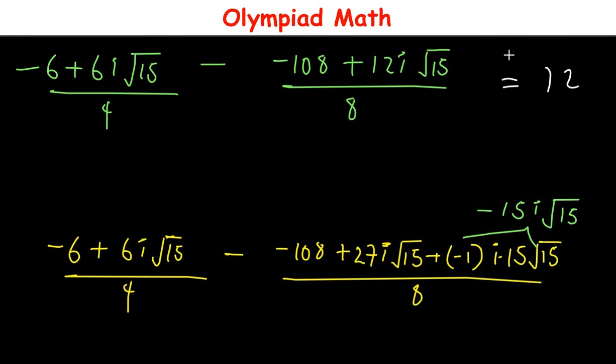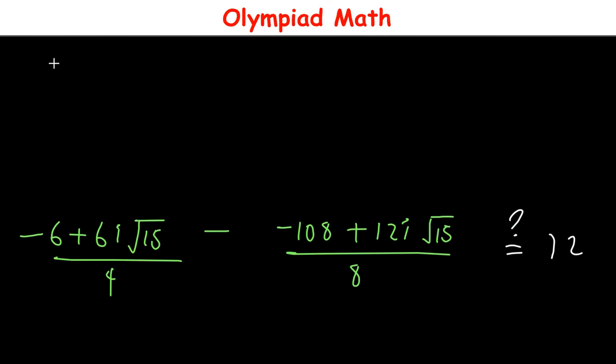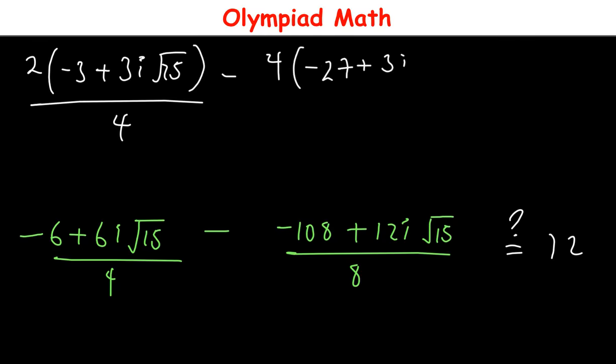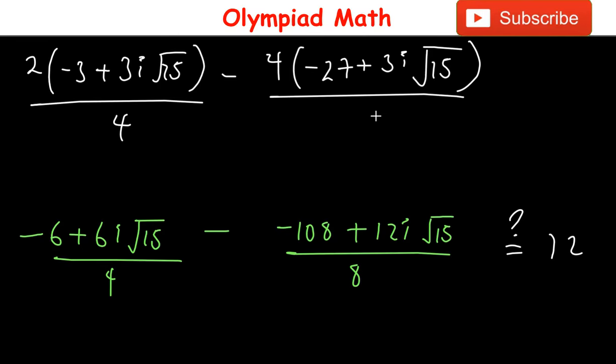So with this equal 12 question mark, we have 2 into brackets minus 3 plus 3i root 15 divided by 4, then minus, factorize out 4 from the numerator, we are going to have 4 into brackets minus 27 plus 3i times square root of 15, and this is divided by 8, and with this equal 12 question mark.